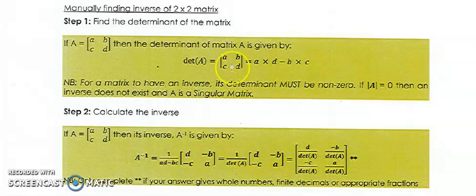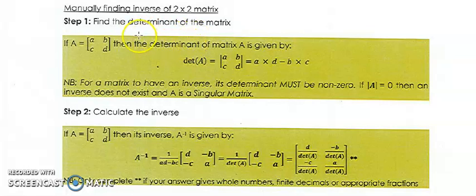So, if you're given a matrix A that has 4 elements in the formation of a 2x2 order, A, B, C, and D, these numbers can represent any numbers, negative, positive, decimal, etc. There is a calculation which is called the determinant.